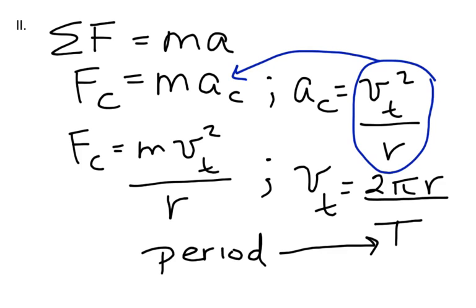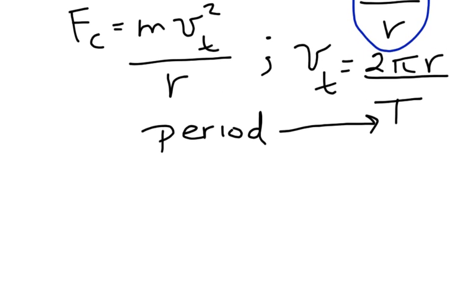All right, now I want to talk with you a little bit about period, and that again is the time it takes for an object to make one revolution. So let's say, for example, we have the sun. Here's the sun. And let's say we have the Earth, which is orbiting the sun.